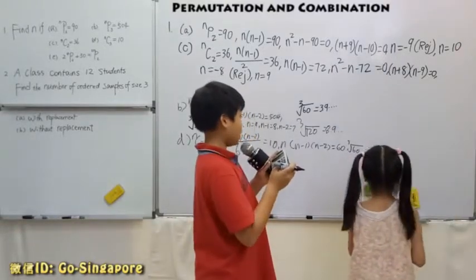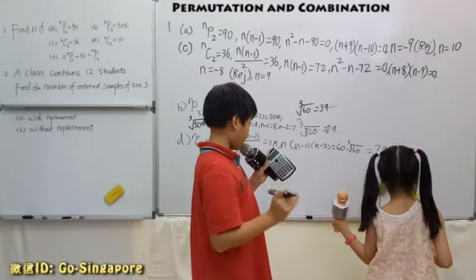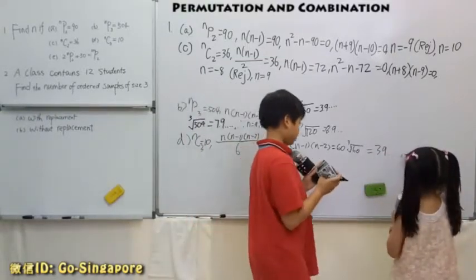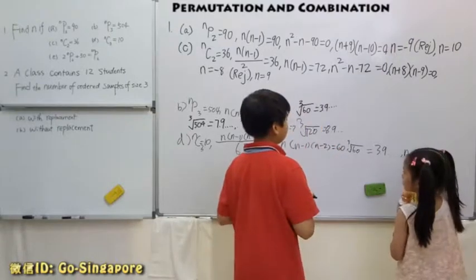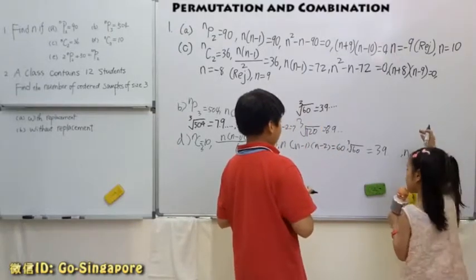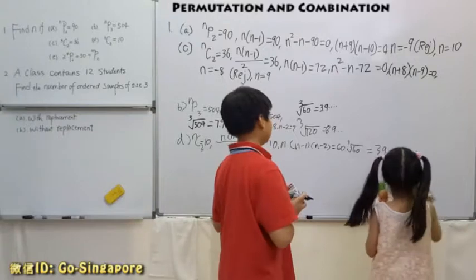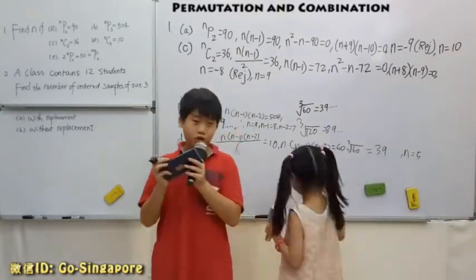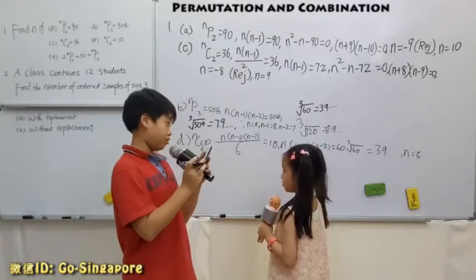Okay, then after the 3.9 something, you need to find your n, right? Okay. And it's the biggest. 5. Yes, correct. This is a 5, right?